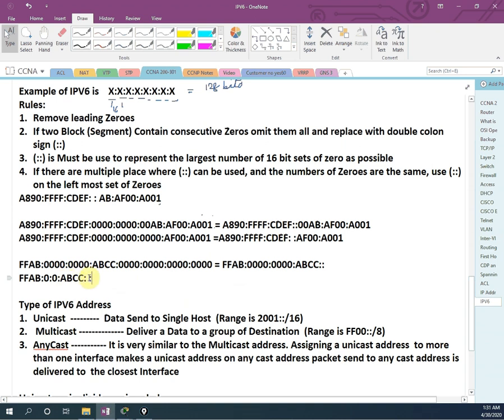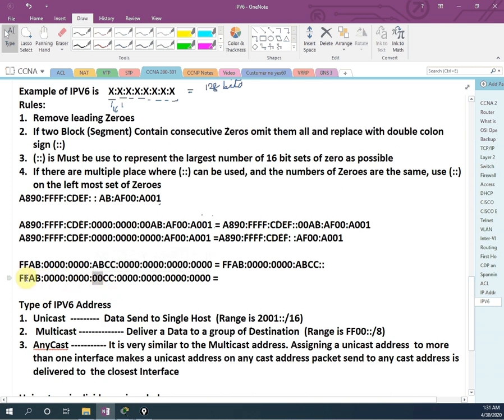So I wrote here: only remove the leading 0. Leading 0 means if the 0 is coming, for example, let me write something here and explain. See here, for example, if we are getting two 0s before CC, so what I am saying, remove the leading 0 means you need to remove the 0 coming before.